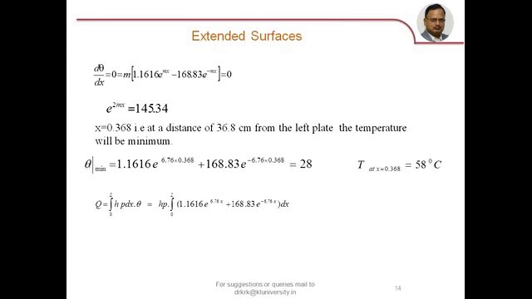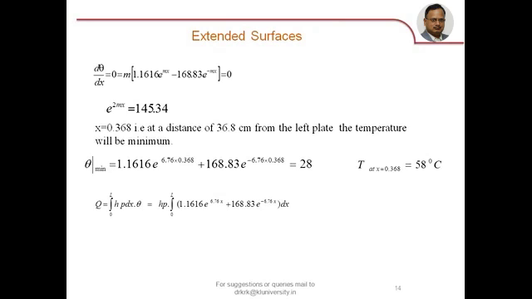Now how to determine Q, the rate of heat transfer from this rod? This rod, by taking heat from the plates into it through conduction, dissipates heat to the environment by means of convection. So the best equation is Q equal to integral 0 to L of h delta T dA.